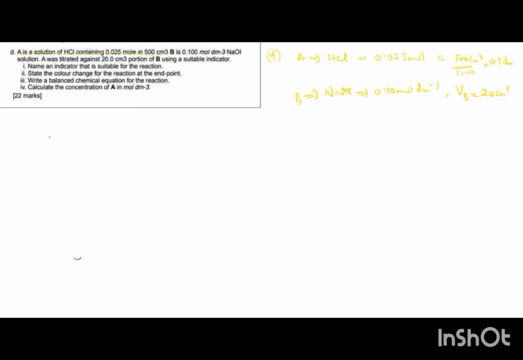Methyl red or methyl orange actually have yellow, then pink or slight orange.